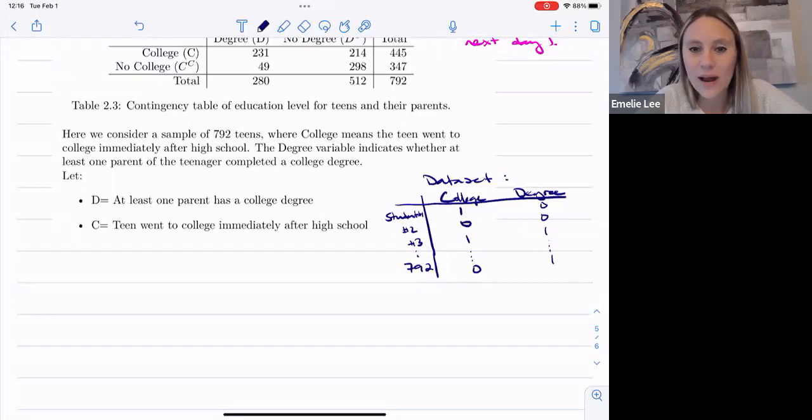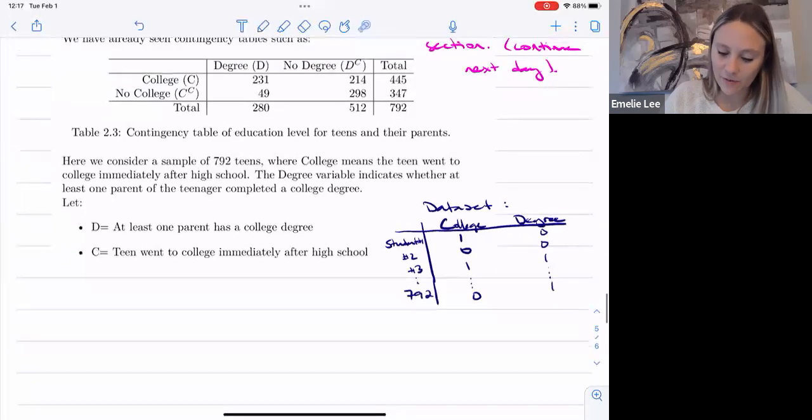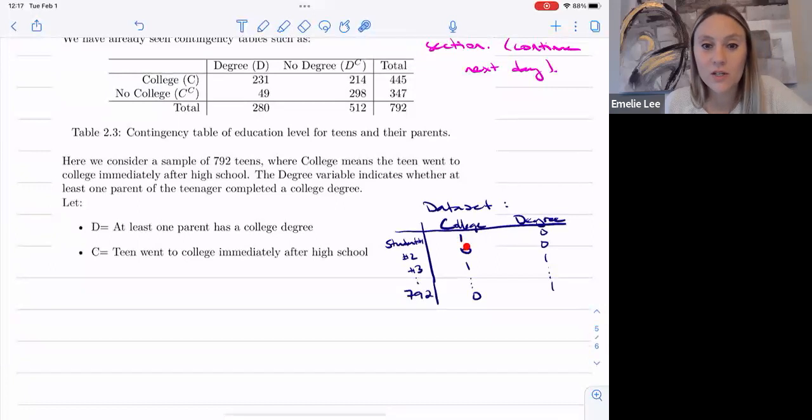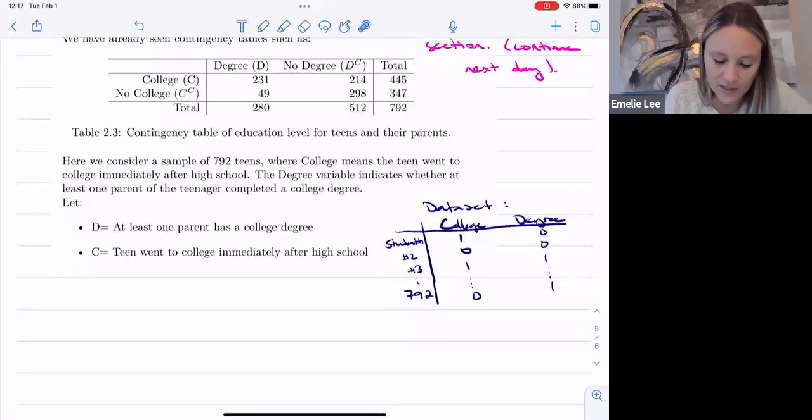So now I have all these possible options, right? I could have a student who went to college right away after high school, but they didn't have a parent with a college degree at home. So those would be one of these people. Let's have a look here.